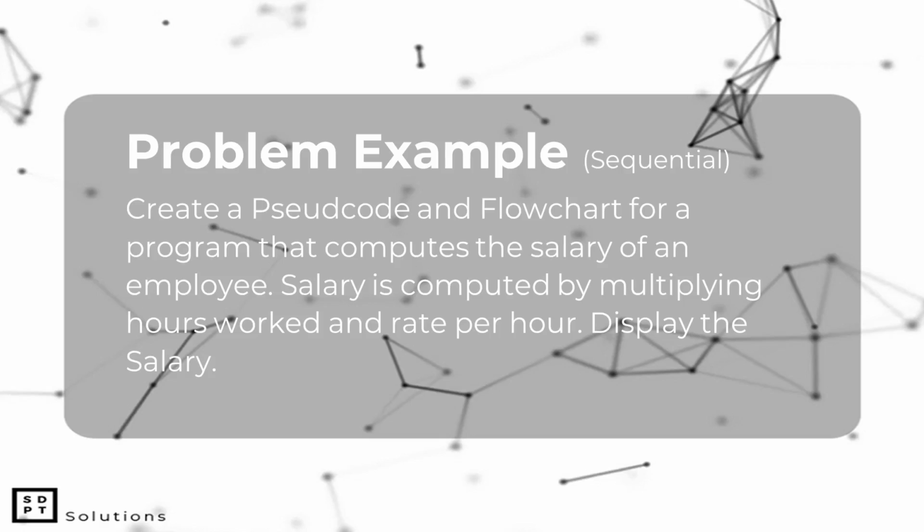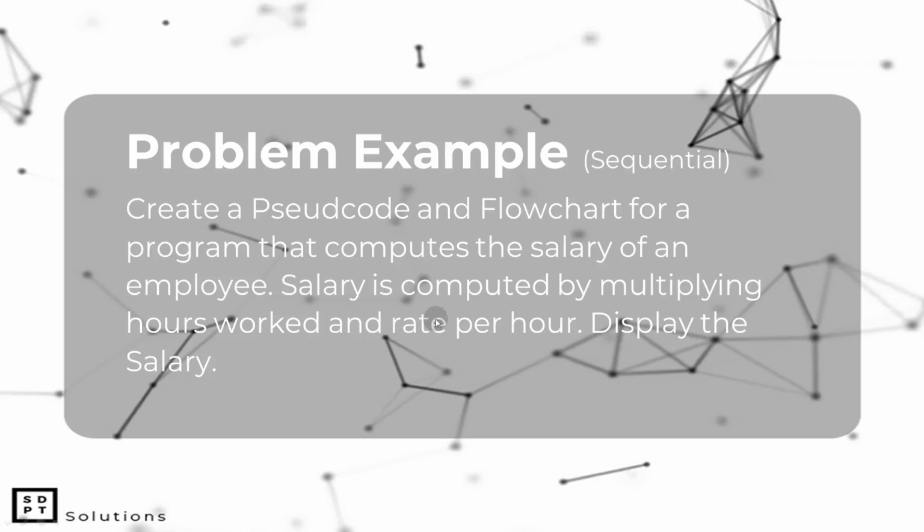What do we need to identify first? We can identify what our input is, what our process is, and what our output will be, so it is clear what program we will make. What input do we need? We don't have the hours work and rate per hour.